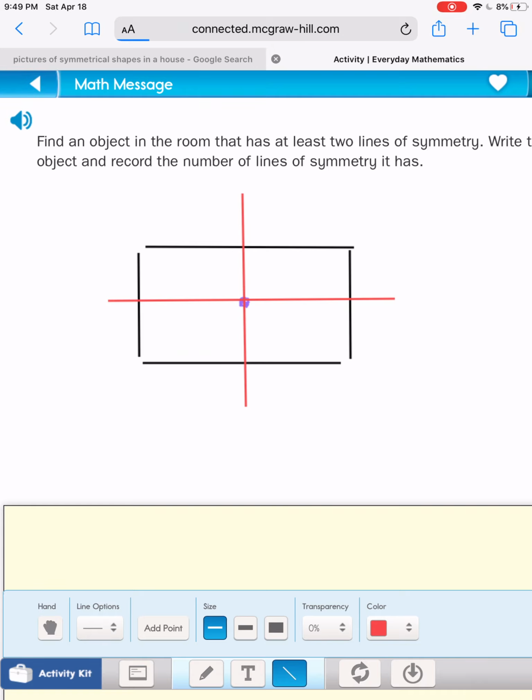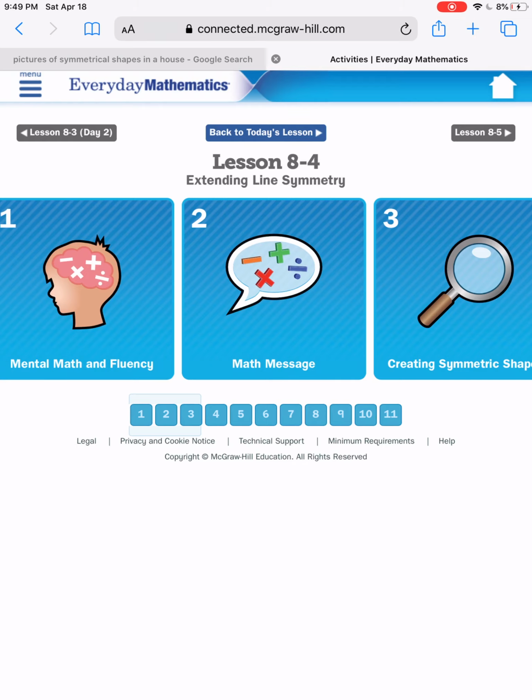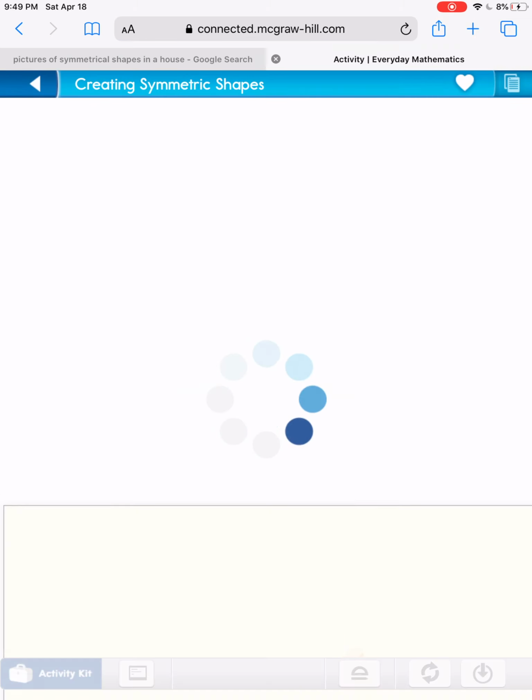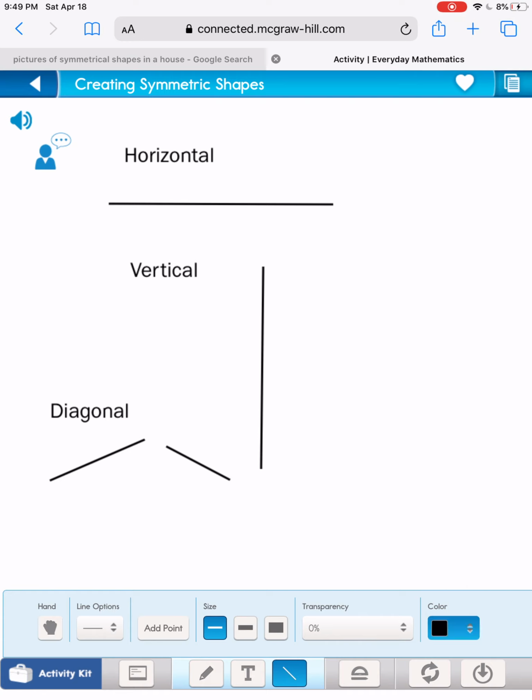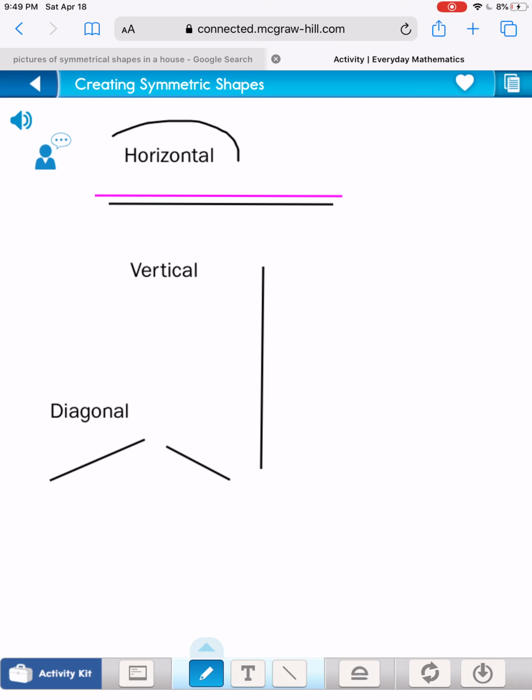Now, when I was showing you the picture of my TV, I had mentioned a few terms. I'm just going to go over these and outline them in, let's do pink, while I explain them. So the first line that I drew went across, or left to right. And we would refer to that as a horizontal line.